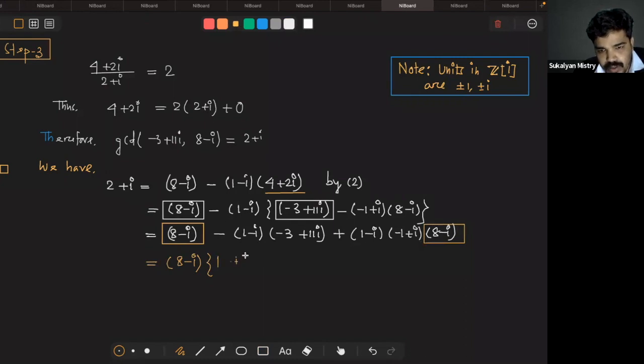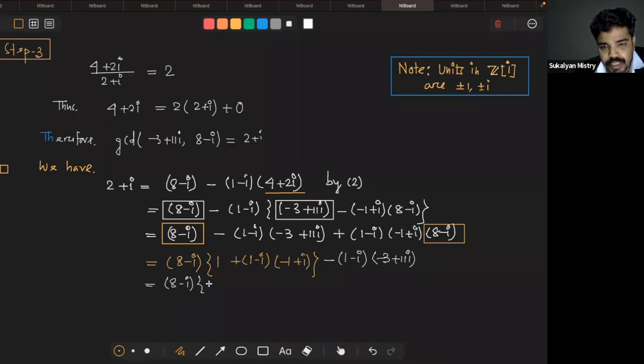কমন নিলে প্লাস 1 মাইনাস আই ইন্টু মাইনাস 1 প্লাস আই পাচ্ছি, মাইনাস এখানে কি আছে 1 মাইনাস আই ইন্টু মাইনাস 3 প্লাস 11i. Okay, so that is 8 minus i.